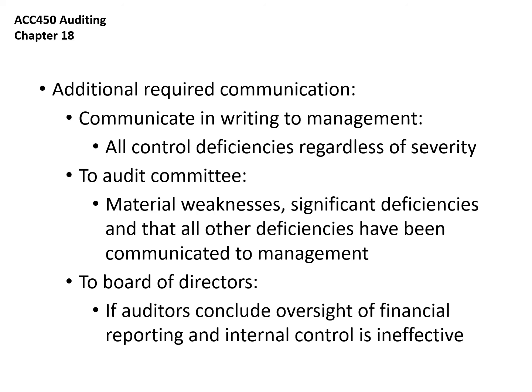If it rises to the level of a material weakness or a significant deficiency, we're going to want to communicate that to the audit committee. And then if we find that the oversight of financial reporting and internal control is ineffective, we want to communicate that to the total board of directors.